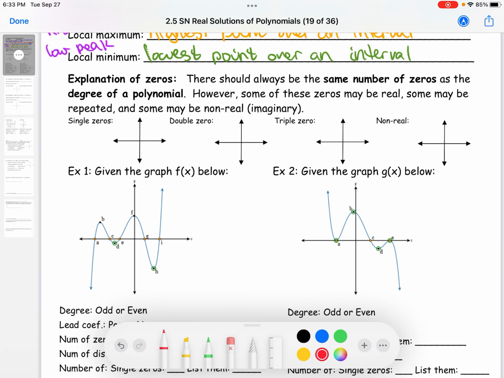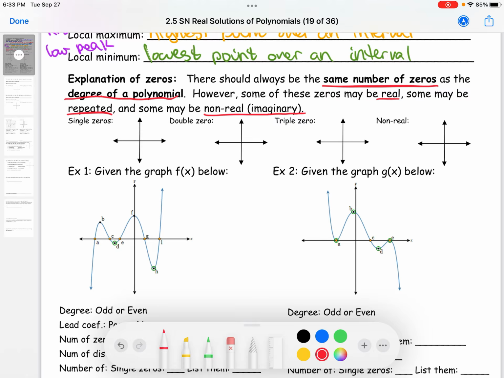Now, let's talk a little bit about some specifics with zeros. The number of zeros a polynomial has is the same as the degree of its polynomial, degree being the highest power of x. But some of these zeros may be real, some may be repeated, and some may be non-real, or what we call imaginary.